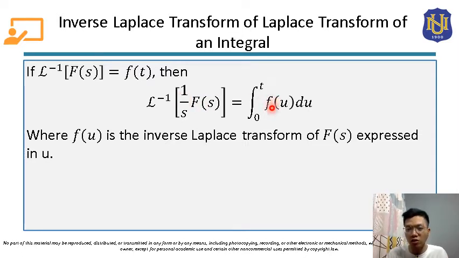So we will solve for that, and the limits here are from 0 to t. The final answer will be in terms of t, which will be f of t, the inverse Laplace transform that we want to solve. So let's try solving problems for this.